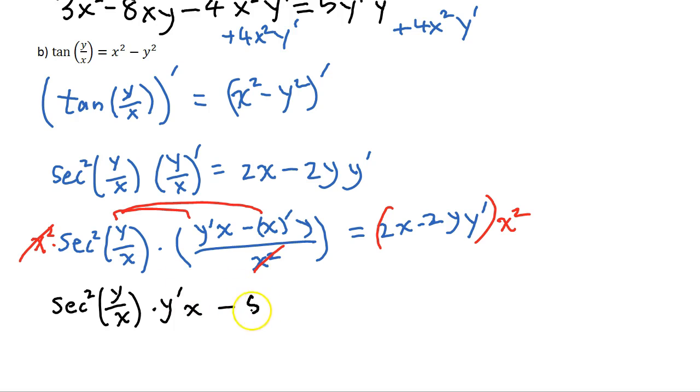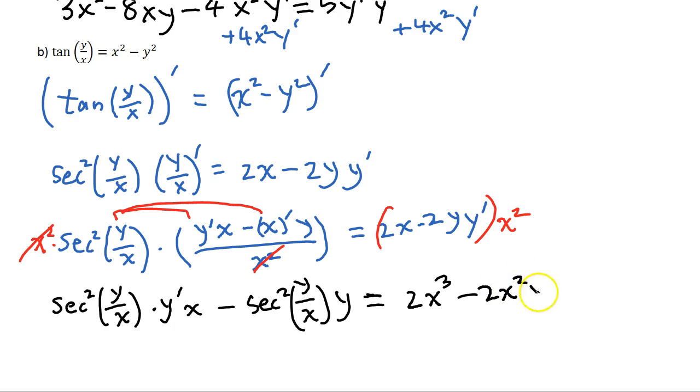And then secant squared of y over x times x prime times y. But what is x prime? That's just 1, right? So it's really times y. Because this is just 1 that doesn't have to be written. If you really want, you can put 1 times y. But let's not do that, okay? And this one, if I multiply x squared, is 2x cubed minus 2x squared y prime.